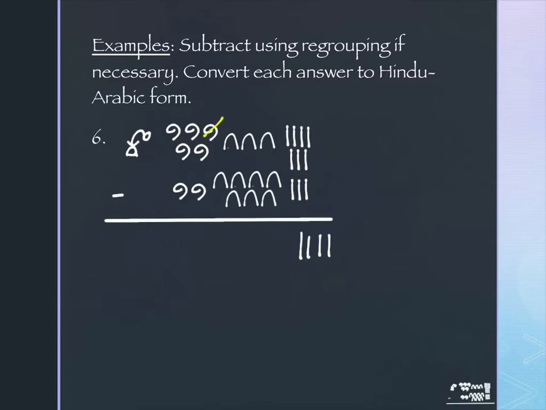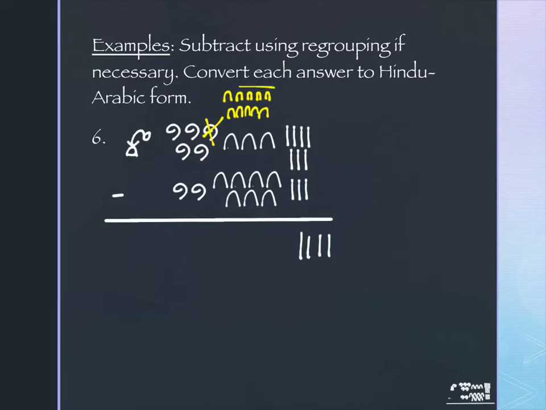So we're going to take a scroll away, and it's going to turn into how many heel bones? 10. Yeah, a scroll's worth 100. A heel bone's worth 10. So there are 10 heel bones in a scroll. So we're going to have 10 heel bones that are now inside of this category.